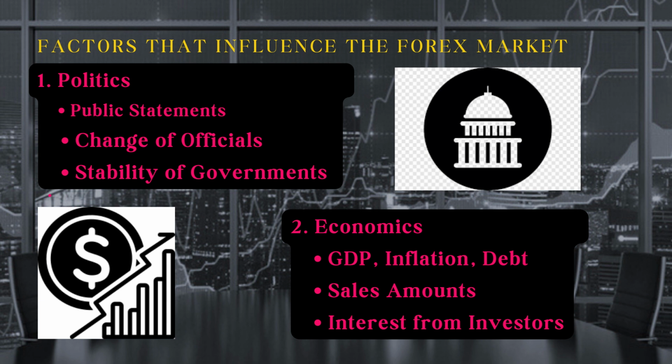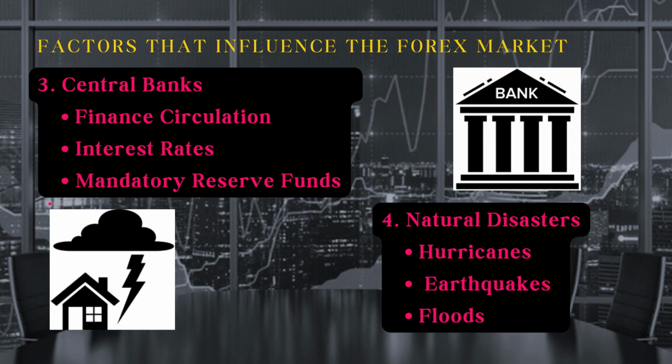In regard to sales amounts, consumer spending and business sales can affect currency demand. And finally, in regard to interest from investors, currency values respond to the interest of foreign investors in a country's market. Let us now proceed to factor number 3, that is central banks.